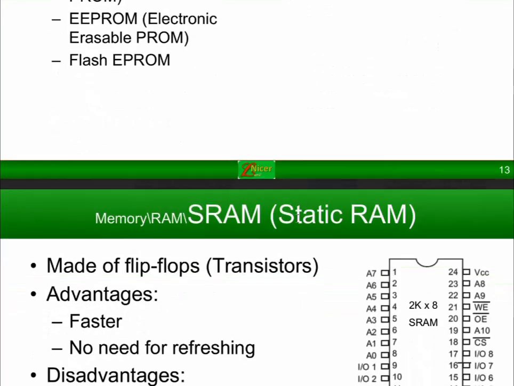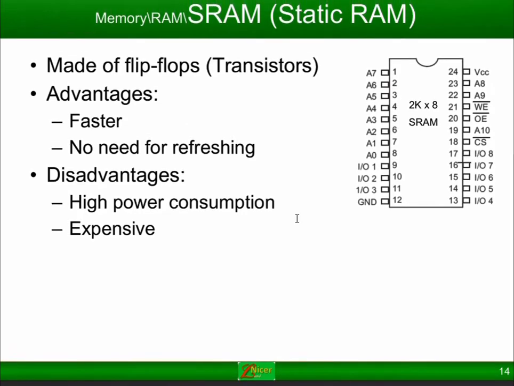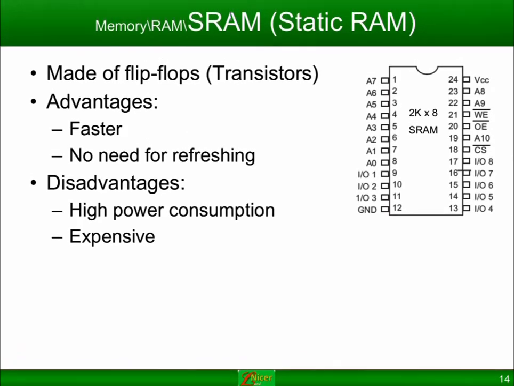Semiconductor memories: SRAM, static RAM. This is made up of flip-flops, and flip-flops are made up of latches, sorry, not latches, transistors. From transistors, the gates are made, and from the different gates like AND, OR, XOR, NOR you can make different latches, and by modifying some latches you can make flip-flops.